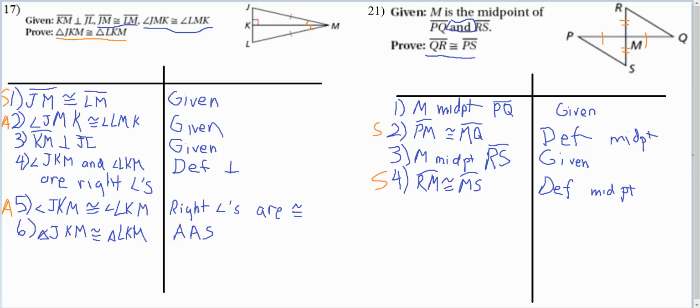Alright, so now that we've used all of our givens, we need to look at the picture and one of 2 things. Either shared side, which is the reflexive property, I don't see that, or we have vertical angles, which there is a cross or an X pattern that's going on there. So we know we're going to have vertical angles.